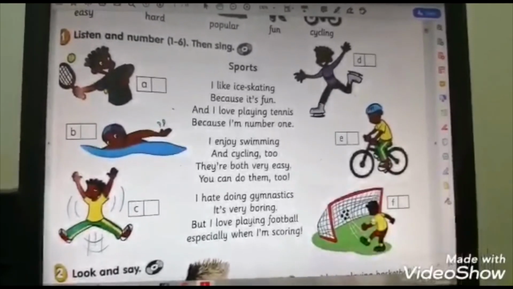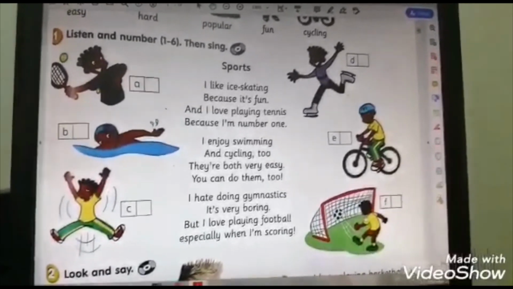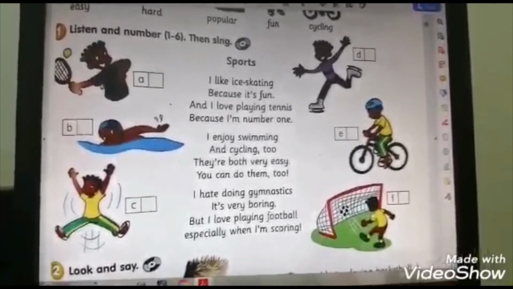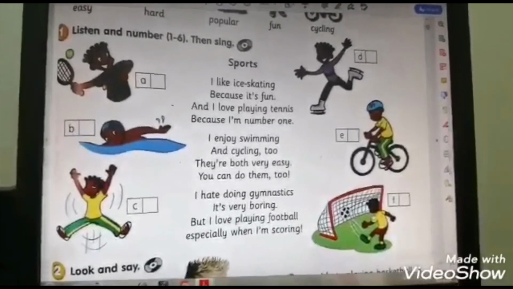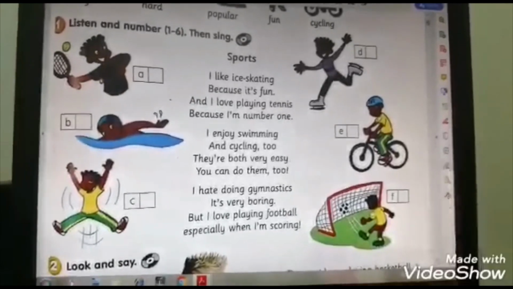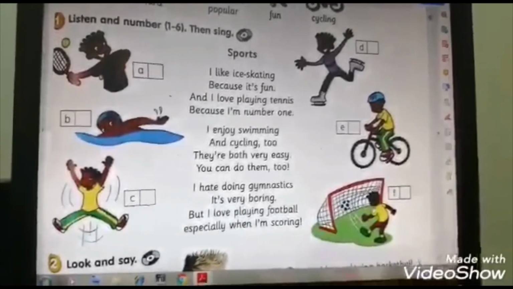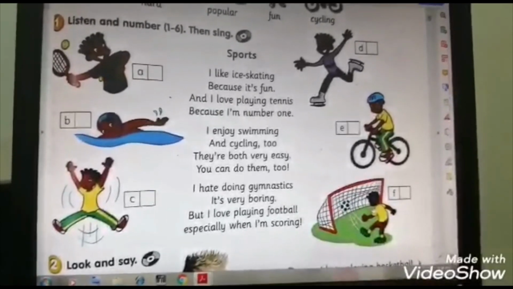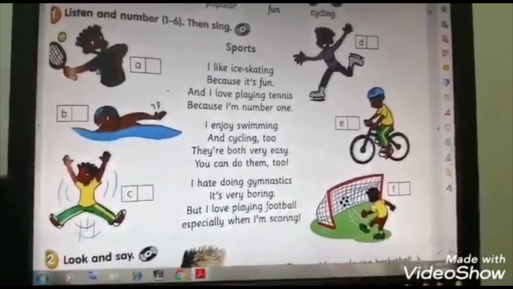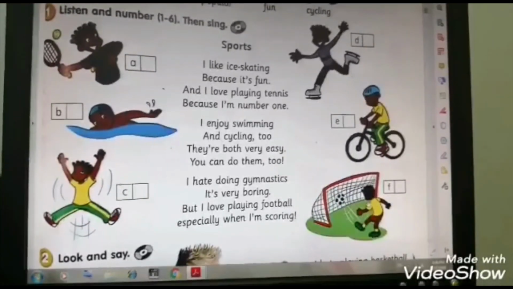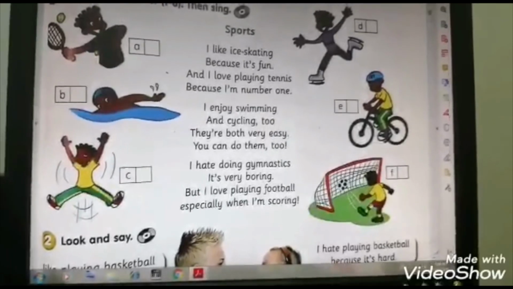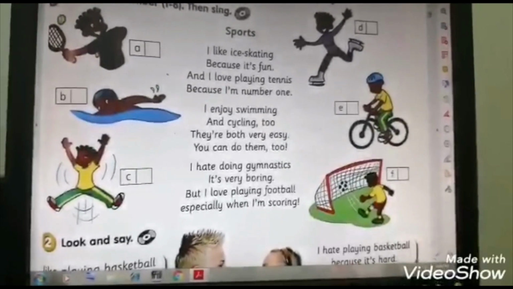Activity 1. Listen and number 1 to 6. Then sing. Sports. I like ice skating because it's fun, and I love playing tennis because I'm number 1. I enjoy swimming and cycling too. They're both very easy.